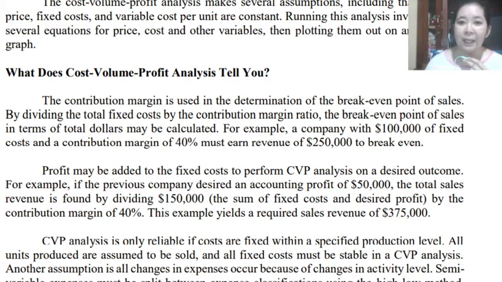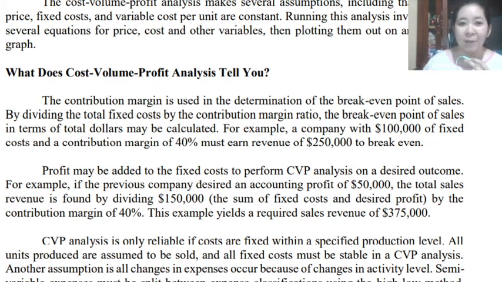So basically, break even is where your level of revenue is just equal to the amount of your costs incurred. At the break-even point, you have no profit and no loss. Again, your revenue is just equal to your costs. That is at break even.